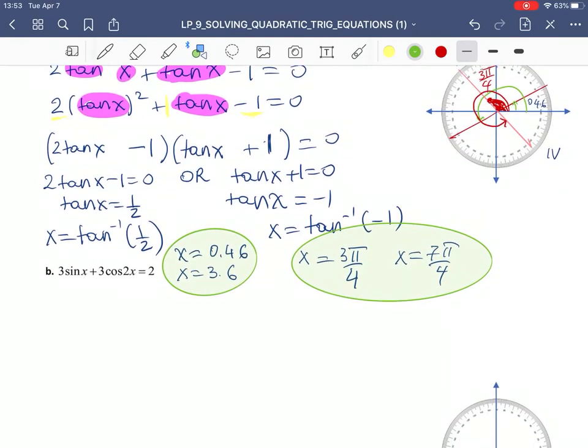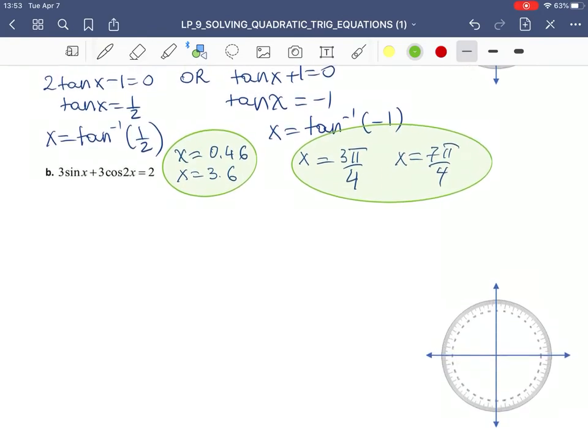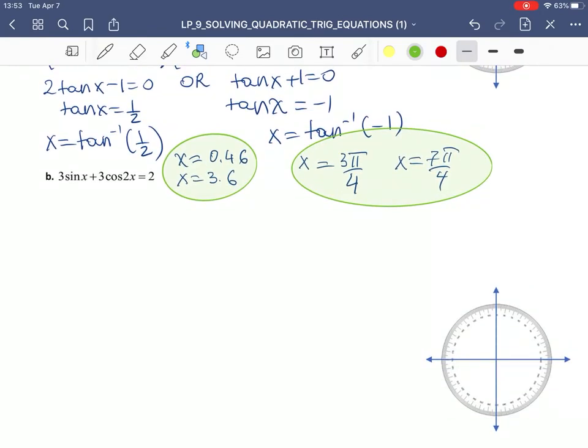Moving on to our last example, we have 3 sine x plus 3 cos 2x equals 2. And as you see here, if you take a look at the variables, what we have is sine of x as one of the variables, and the other variable is cosine 2x, definitely not like variables.